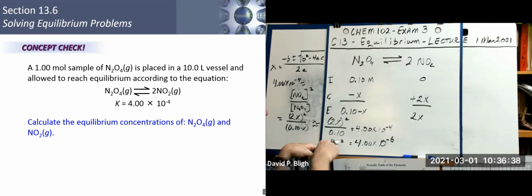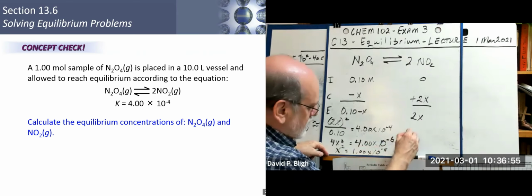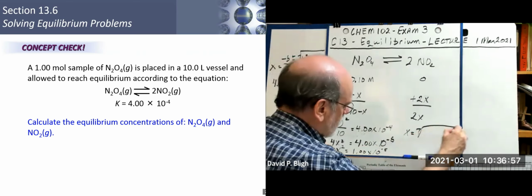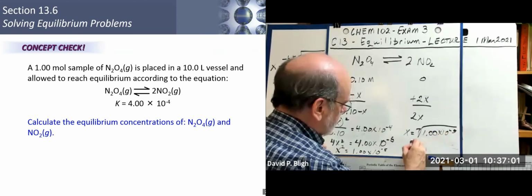Okay, so this X squared is equal to 4 divided into this one, right? Divide 4 into both sides. So we get 1 times 10 to the minus 5. And then X is the square root of 1 times 10 to the minus 5.